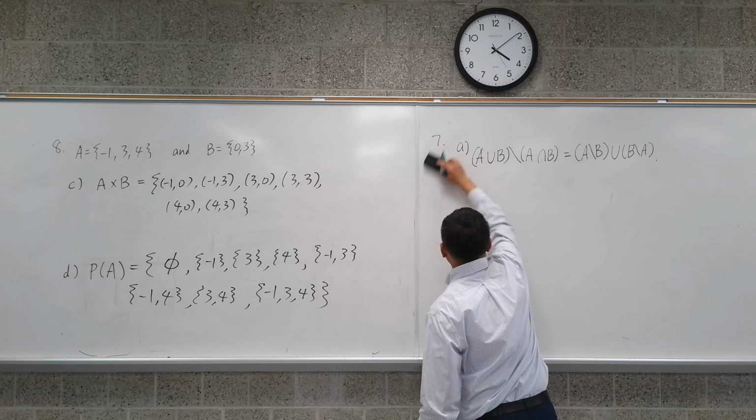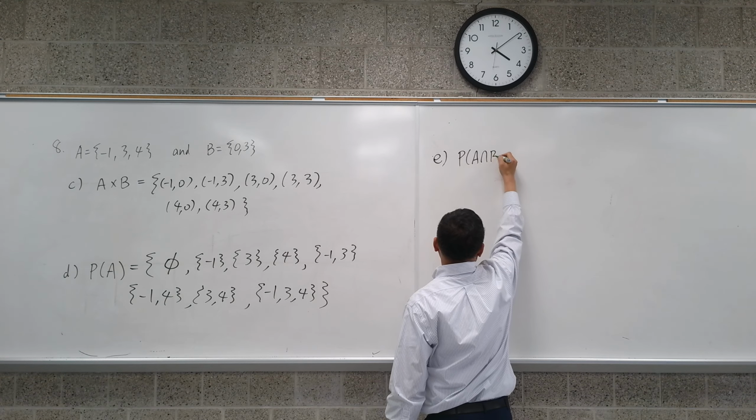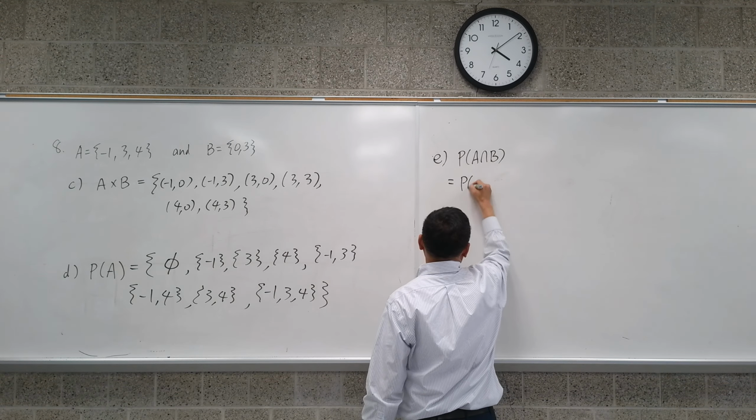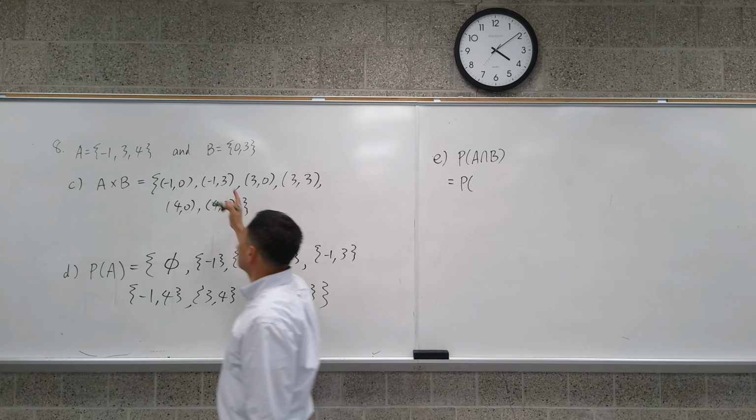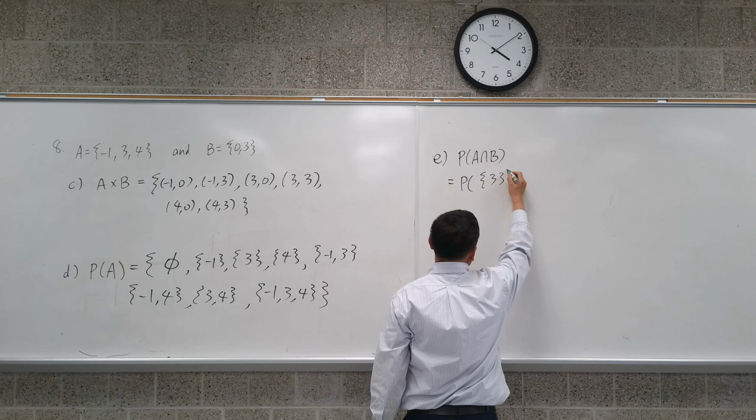Okay, then what about P of A intersection B? Well, first, what is A intersection B? What's the set you get if you do the intersection? This set and that set. What's the intersection? 3. Just the 3, right? Oh, okay.